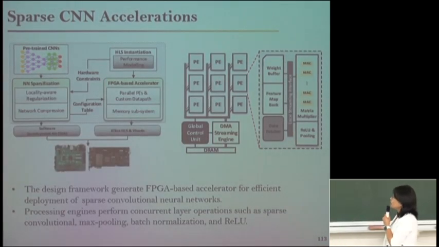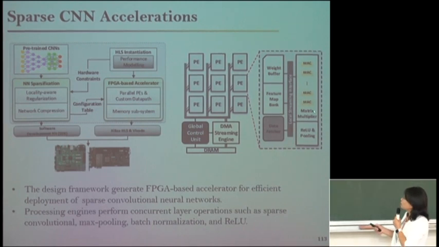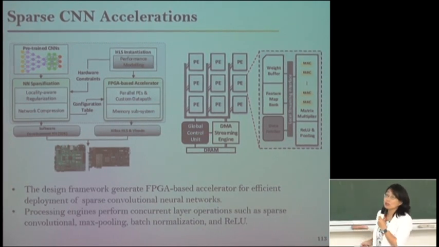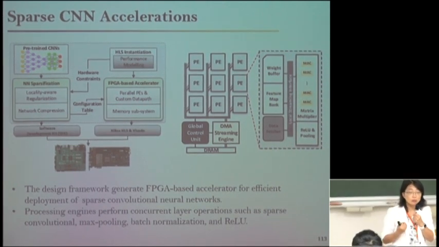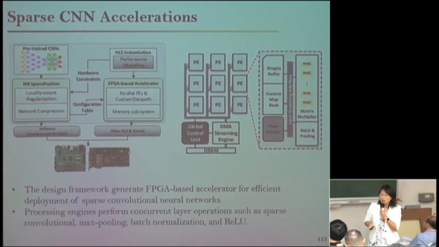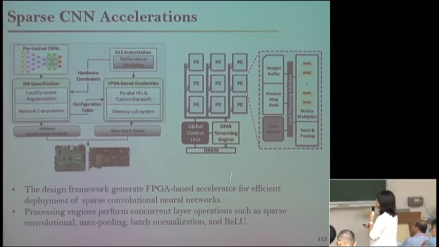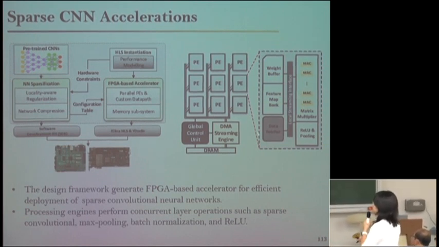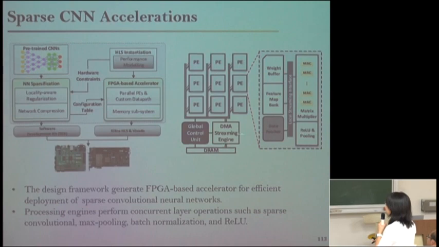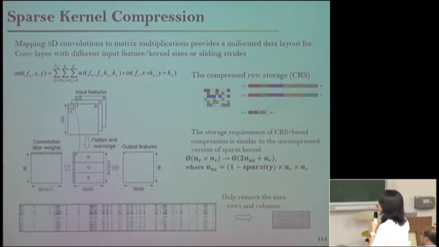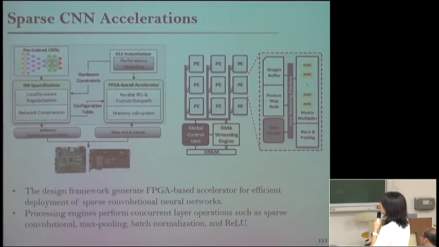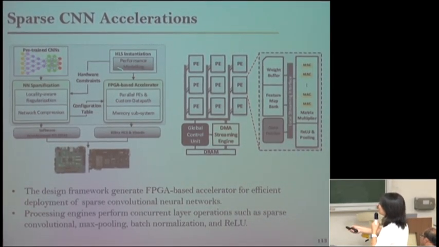In Sparse CNN acceleration, architecture-wise, we're still trying to form the architecture with uniform processing elements, and the data is handled by global control units and DNN running engines. We can bypass this part, but the key over here is the general flow.